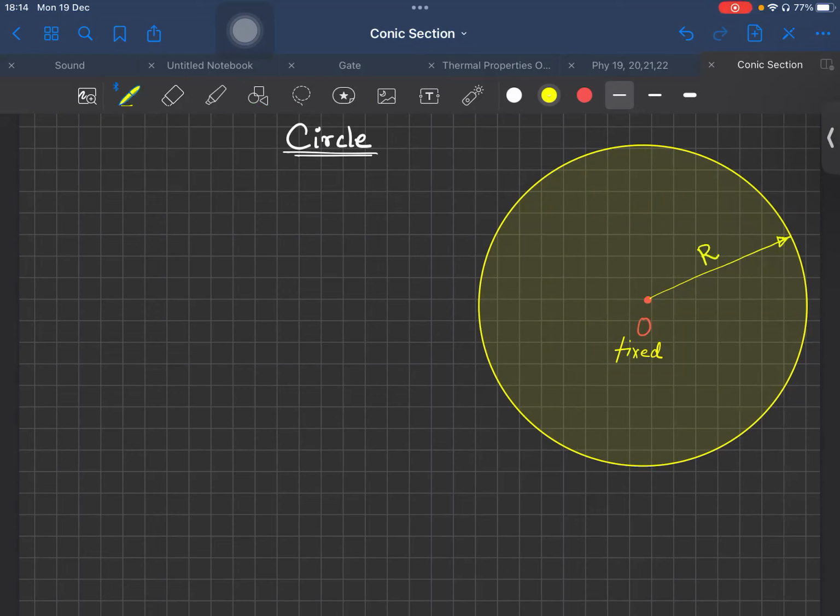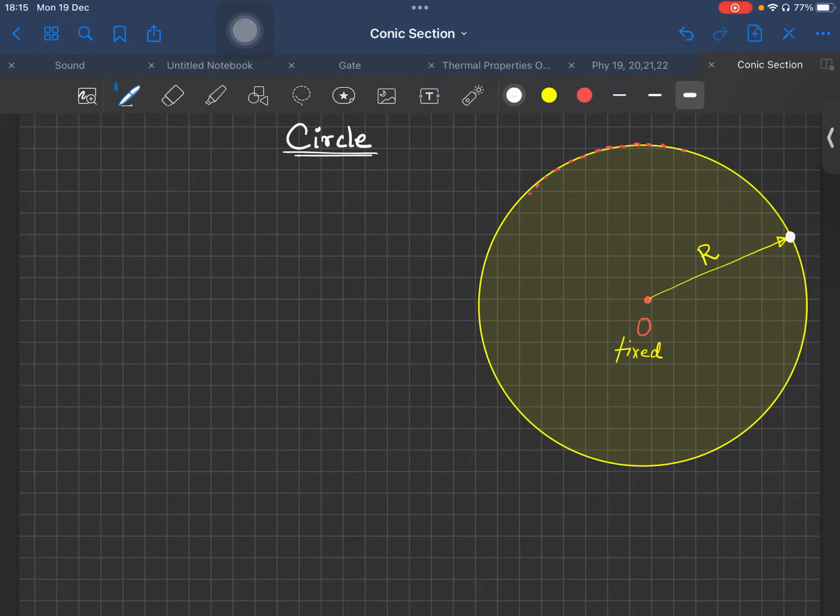It's a fixed length which you can trace from a fixed point, then you will get a circle. That means all the infinite number of points that are here together will form a circle. So you will say it is the locus of a point which is at a fixed distance from a fixed point, and that fixed point is called center.